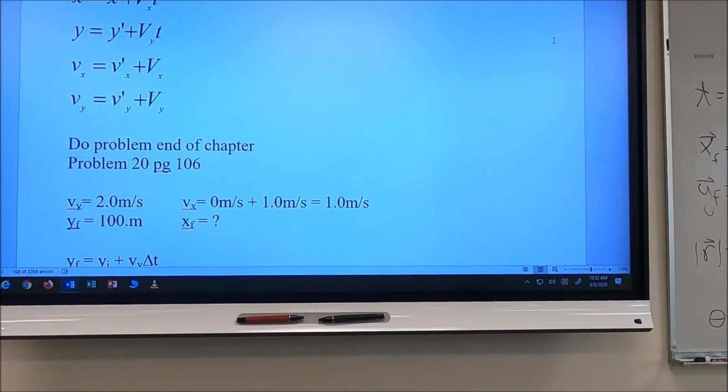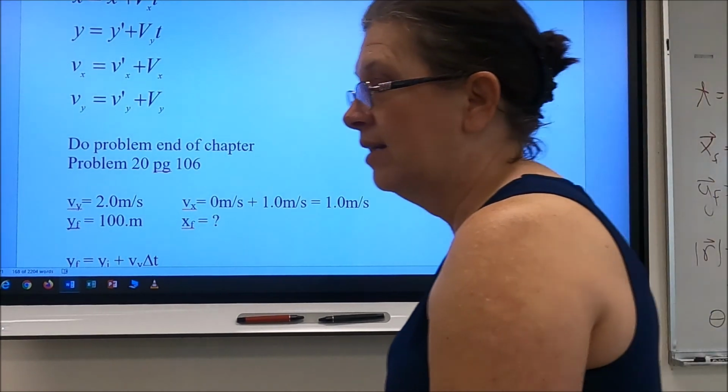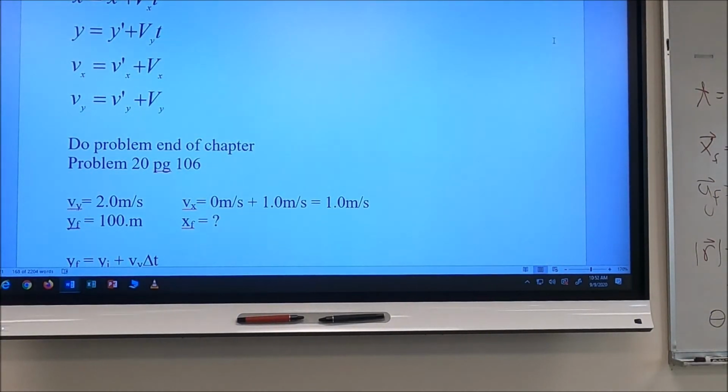So we're going to look at problem 20 on page 106 at the end of the chapter. It says, Mary needs to row her boat across a 100-meter wide river that is flowing to the east at a speed of 1 meter per second. Mary can row with a speed of 2 meters per second.